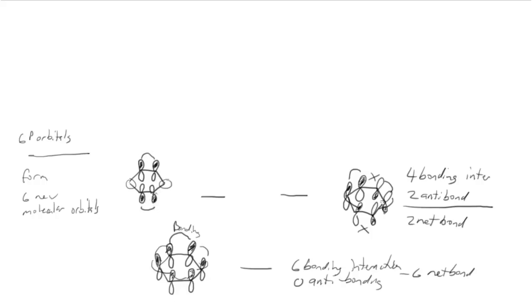There are no interactions going to either side because there is no orbital there. So this also has 2 net bonds. Since it has the exact same number of bonds as this other one, it's at the exact same energy level. They both have 2 net bonding interactions, and so they're at the same energy level.